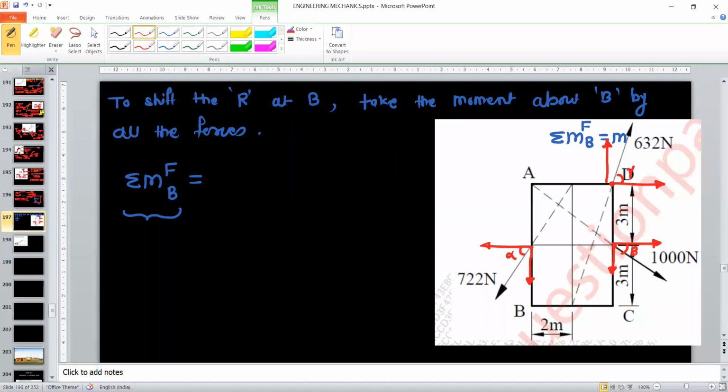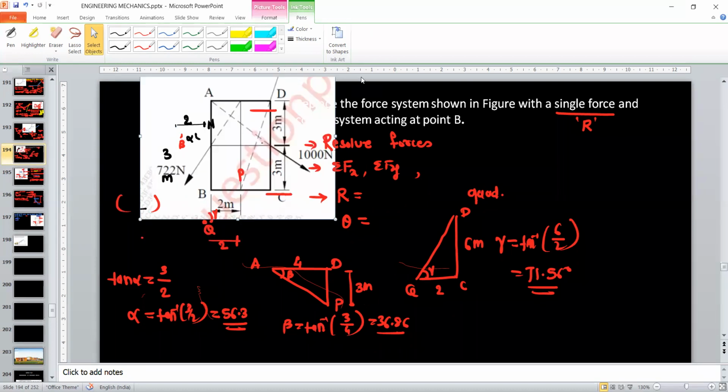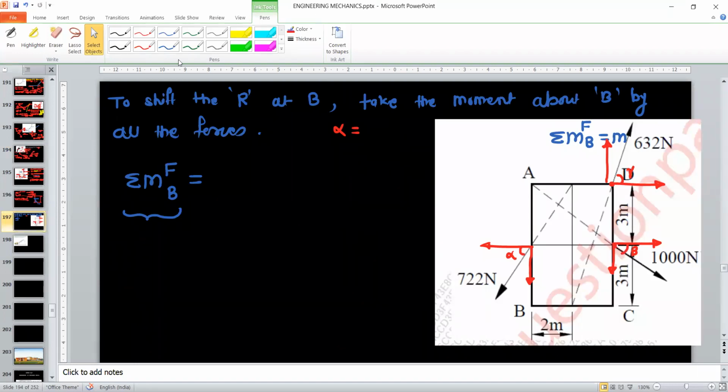Alpha is 56.3, beta is 36.86 and gamma is 71.56.